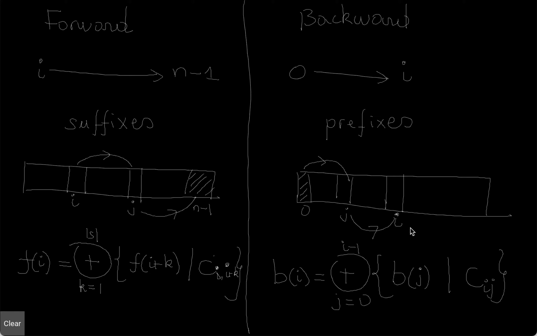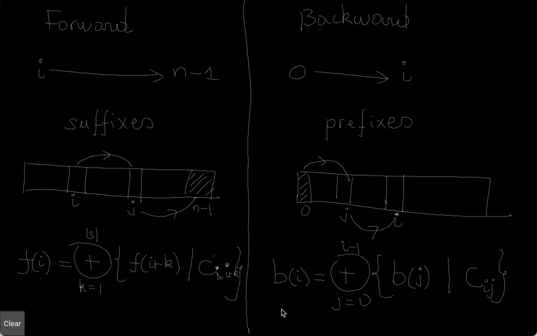So if we are at index i, we're going to be asking, is there some index j that I can get to from position 0, which then allows me also to go to position i? If you find such an index, then the information is going to go from here to here. And you can then move to index i plus 1 and do the same thing.